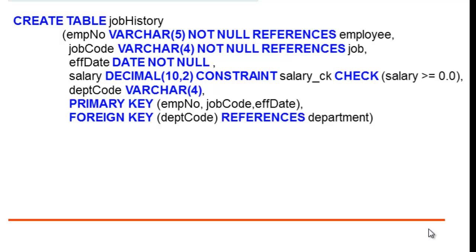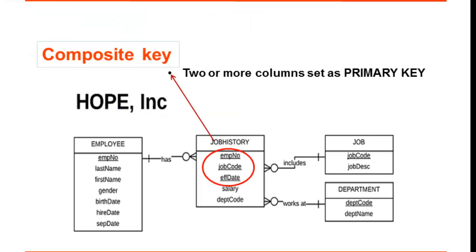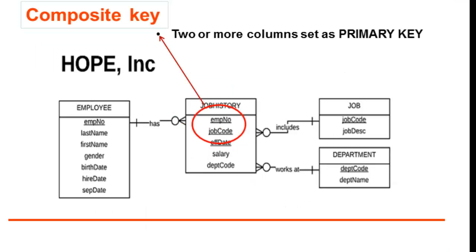So this would be our syntax for creating a job history. Empno, job code, and effective date are set as primary key. Column set as primary key is called a composite key. Primary key should not contain blank value, that is why we indicate a not null expression.